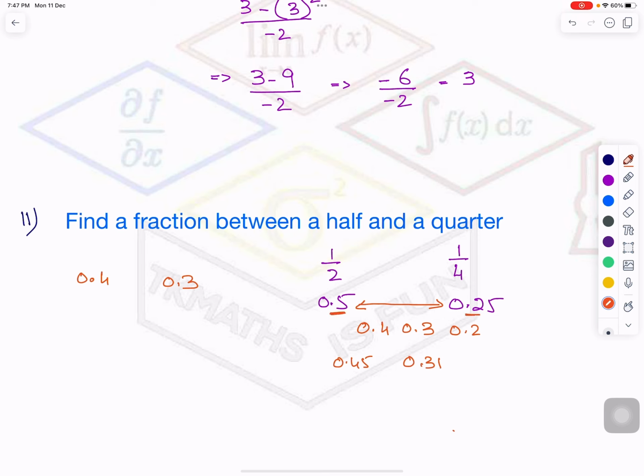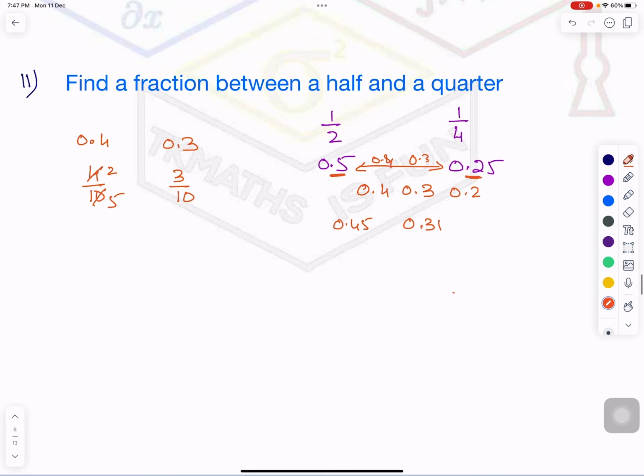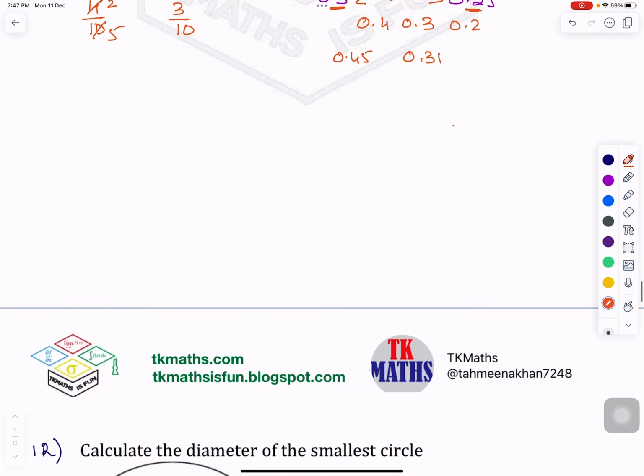So definitely 0.3 will come here, 0.4 and then 0.5. So I can easily convert this decimal into fraction. 4 upon 10, 3 upon 10. And if the question says in the simplest form, you can simplify it also. So it is 2 upon 5. So this is how you will find a fraction between a half and a quarter.